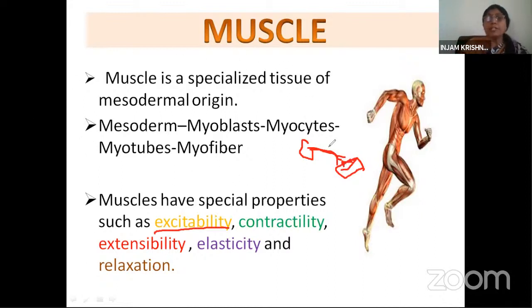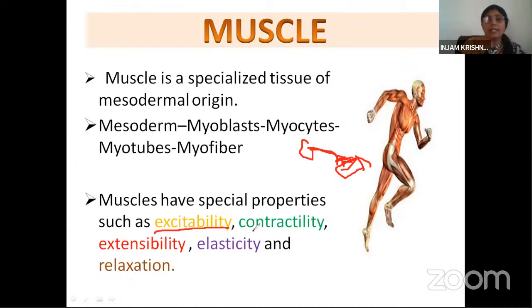So action potential is generated, and this action potential is propagated to the entire muscle. Such a kind of character is called excitability. Do we have such a kind of cells in our body apart from muscle? Yes, nerve cells. Nerve cells and muscle cells have the excitability character.